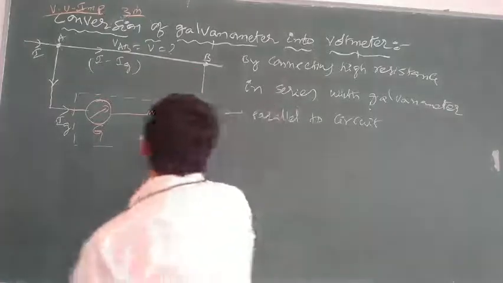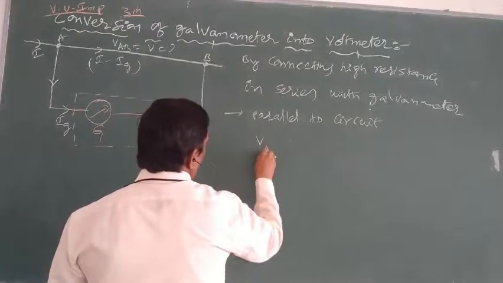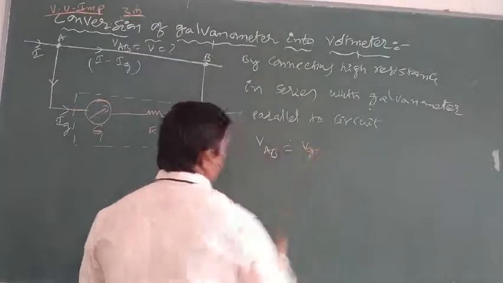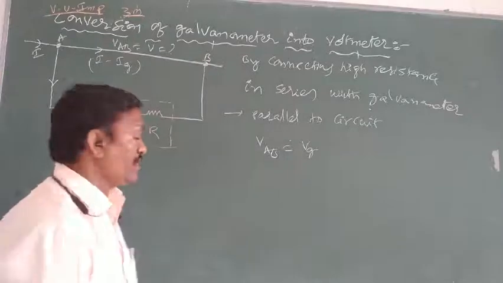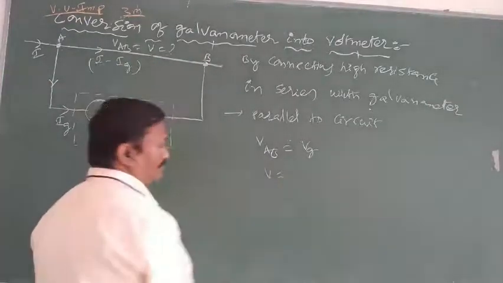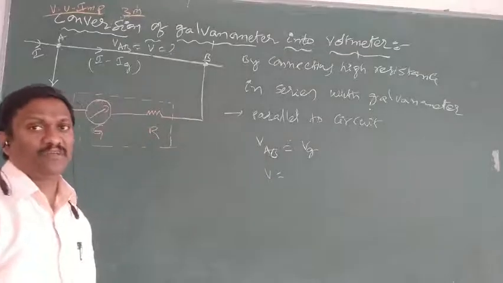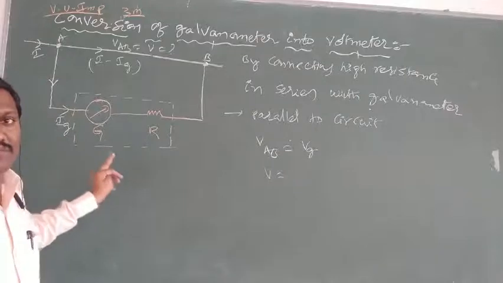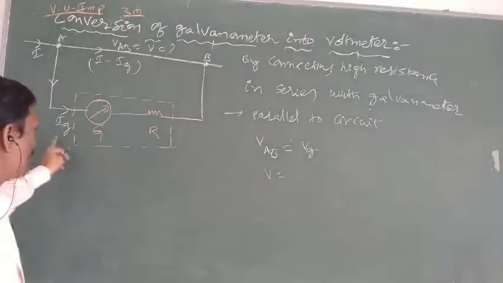The potential difference between A and B is always equal to the potential difference across the galvanometer. Assume the potential difference between A and B is V. Then what about the potential difference across the galvanometer? According to Ohm's law, potential difference is the product of current and total resistance.